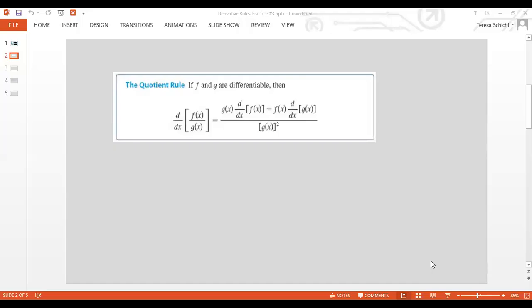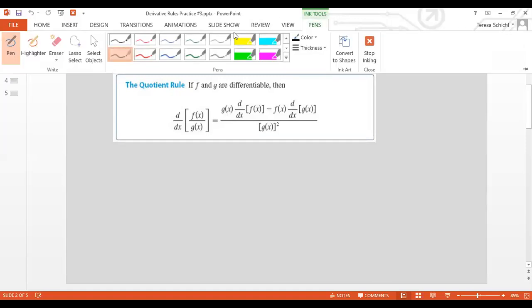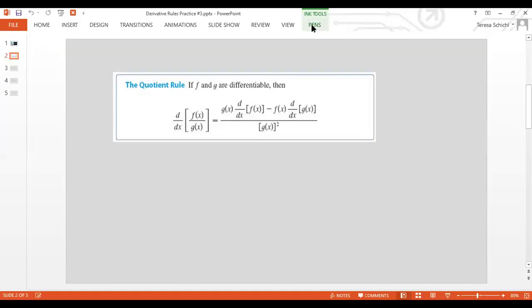Okay, that's it. Let's go to the worksheets and start to work. All right, so in the worksheets, the first thing we see is, hey, what is the quotient rule? The quotient rule is just like the product rule.